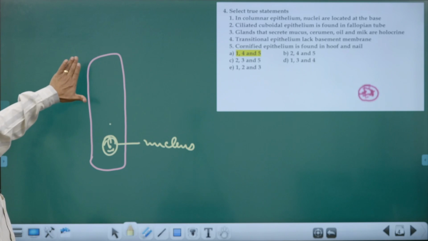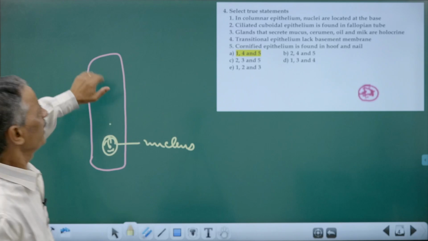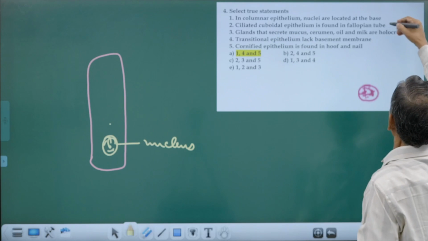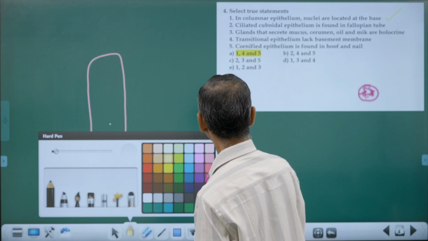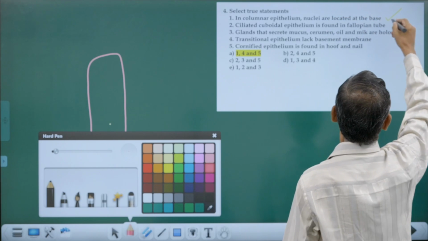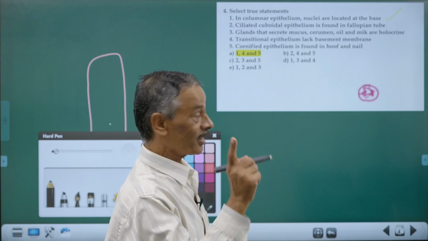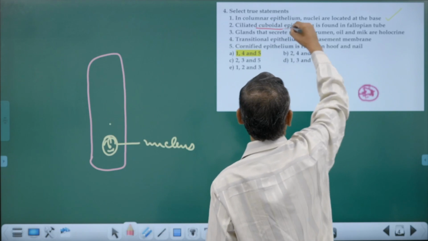Such cells are seen in the fallopian tube, in the lining of the alimentary canal, etc. In columnar epithelium, nuclei are located at the base. That's a correct statement. Okay. Ciliated cuboidal epithelium is found in the fallopian tube. See, in the fallopian tube you have columnar, ciliated. So, ciliated cuboidal, that is wrong.